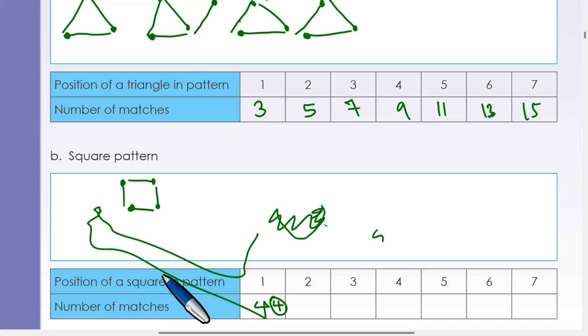Then next, how many are going to be there next?